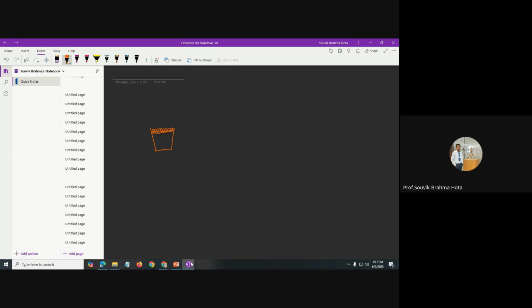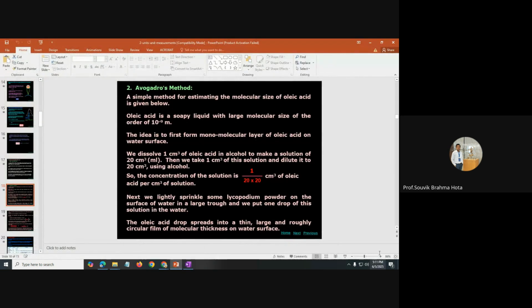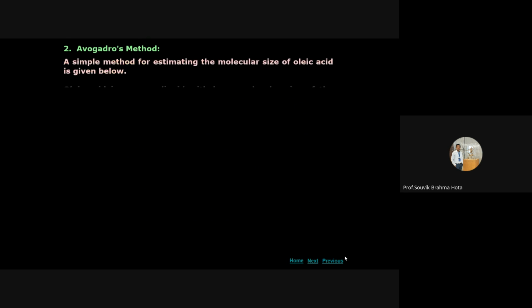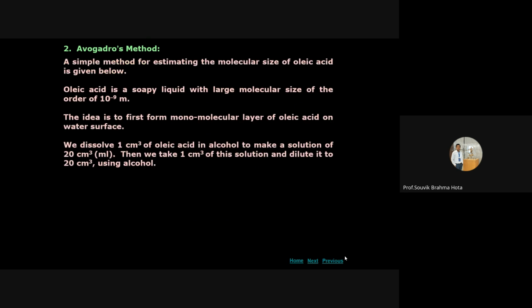On the surface of water, you have a single molecular layer. This is a monomolecular layer. So you need to form a monomolecular layer of oleic acid on the water surface.